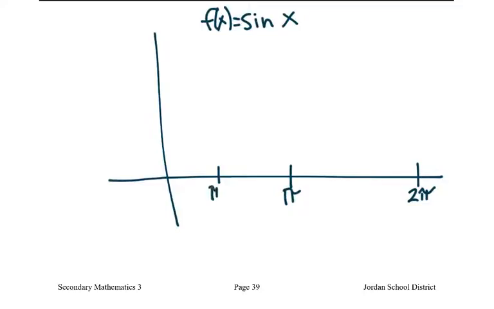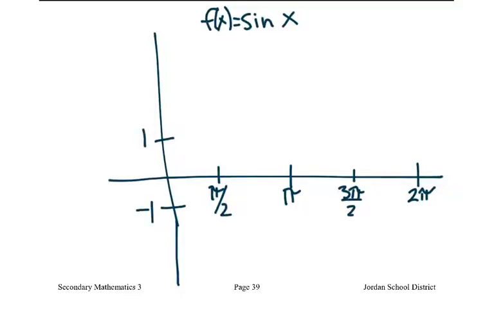And we have about 5 points that we want to really focus on graphing. It also has an amplitude of 1 and negative 1. Okay? And actually, I should probably make those a little lower. We'll go right there. 1 and negative 1.